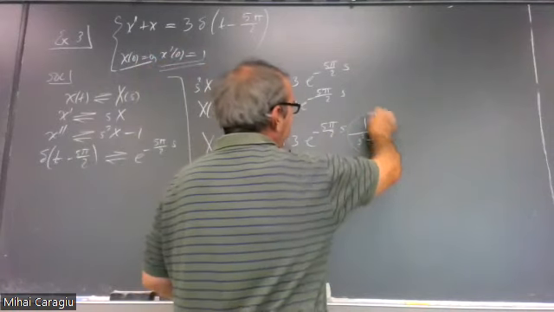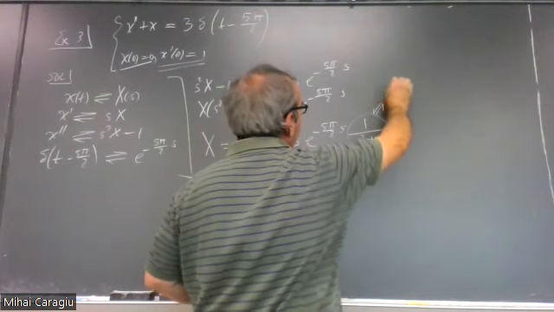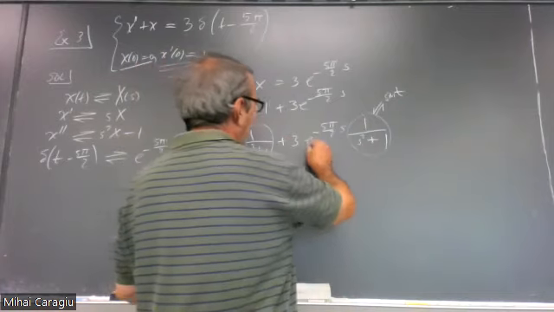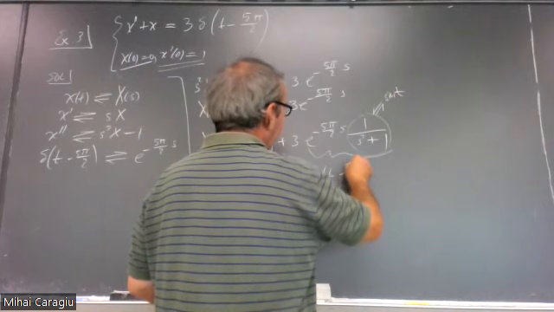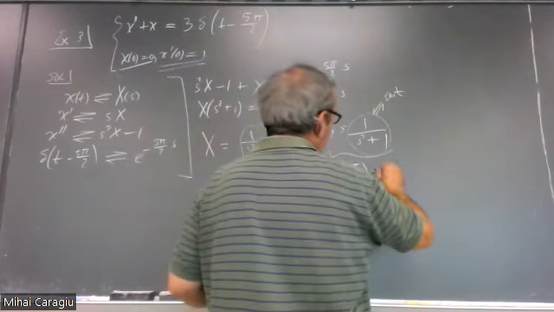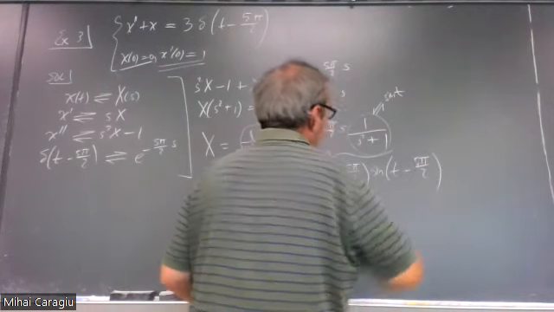In itself, this will go into sine t. But because of this exponential we have a delay. So the whole of this stuff goes into u of t minus 5 pi over 2, the unit step function, times sine of the quantity t minus 5 pi over 2.